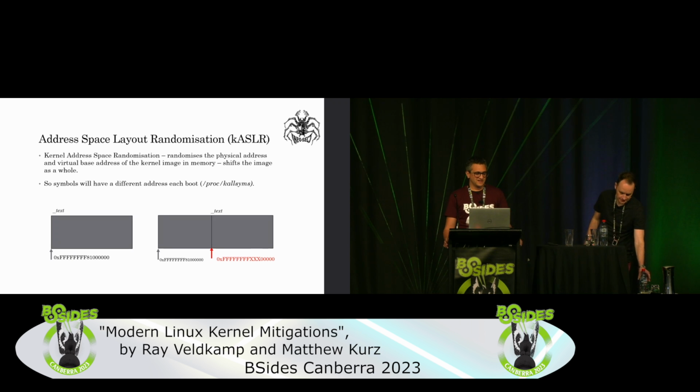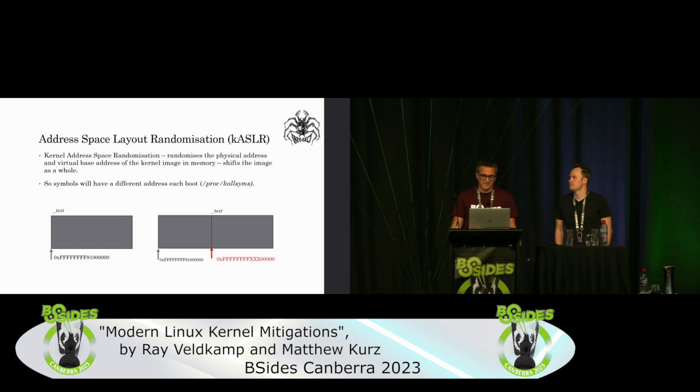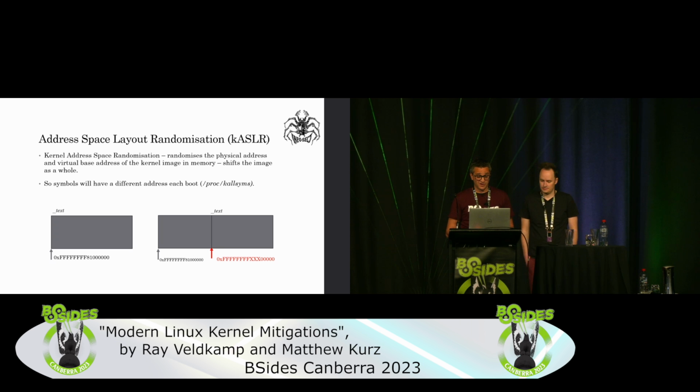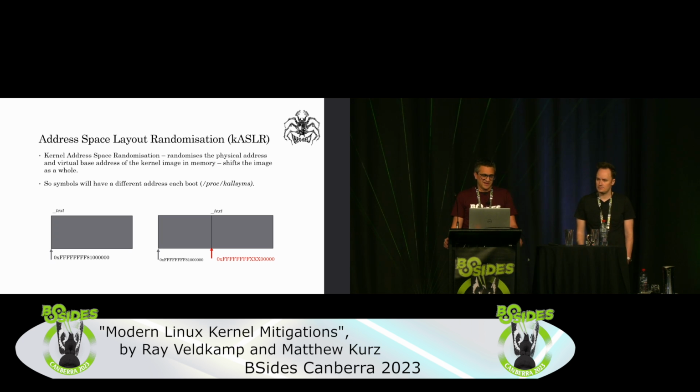Russell mentioned KASLR yesterday, so I'm just going to do a quick recap. Kernel address space layout randomization randomizes the physical and virtual base address of the kernel image in memory. It shifts the binary in memory by a slide, so the symbols will all have a different address at boot time.